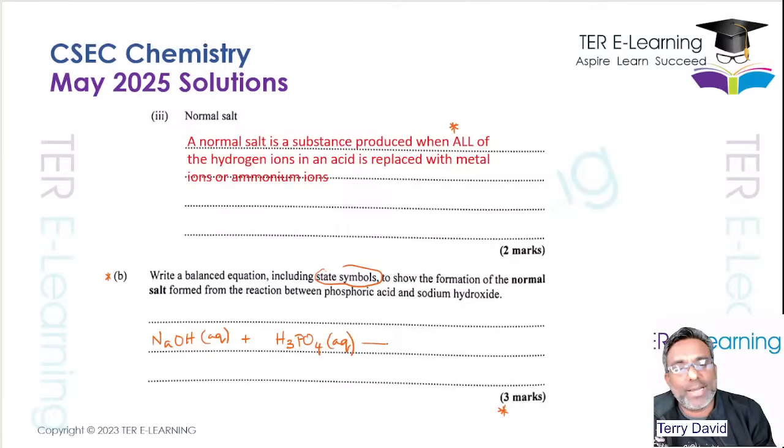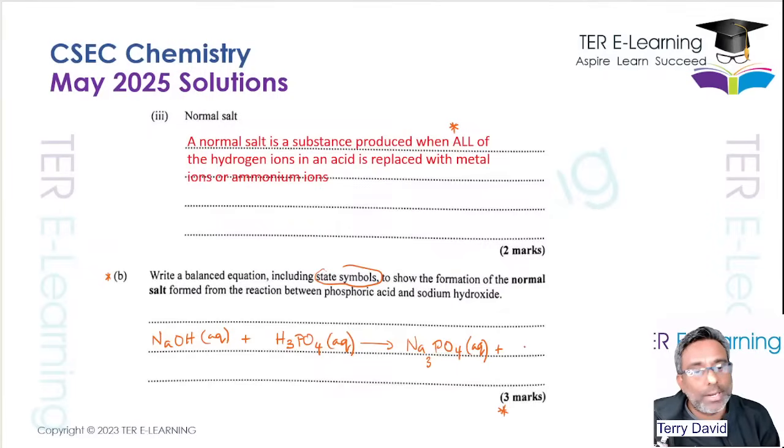And when this reacts, that's an acid and an alkali. You're going to get a salt, and they're telling us we're getting a normal salt here. So in this case, you're replacing all of the H. If you replace all 3 hydrogen with sodium ions, you're going to get Na3PO4, aqueous, plus you're going to get H2O as your product.